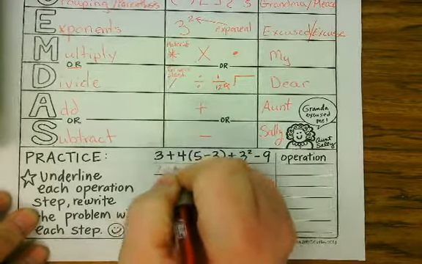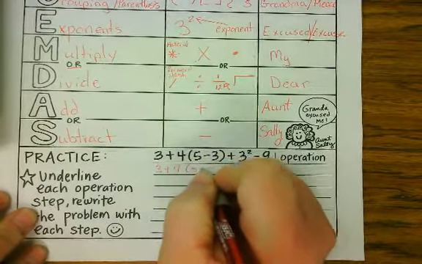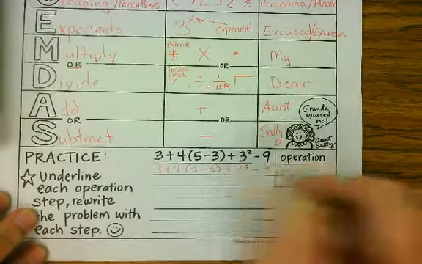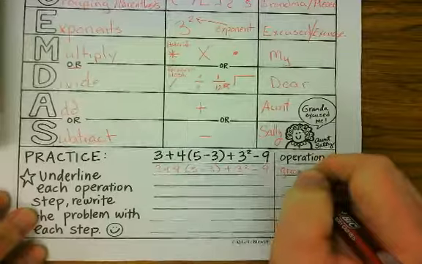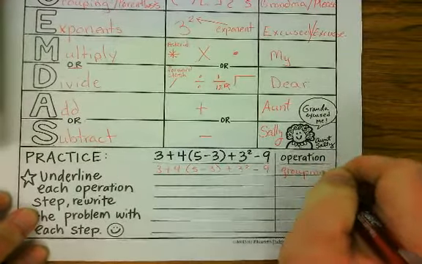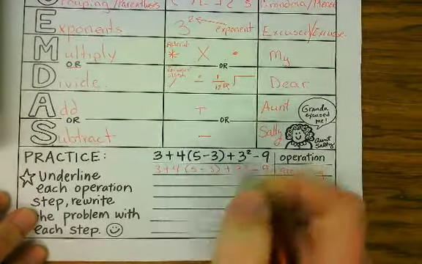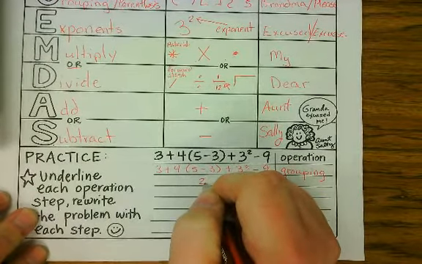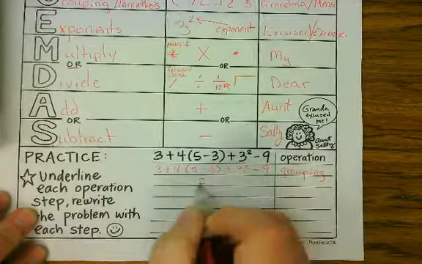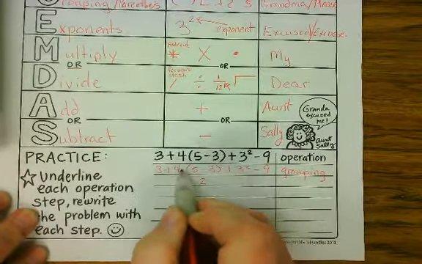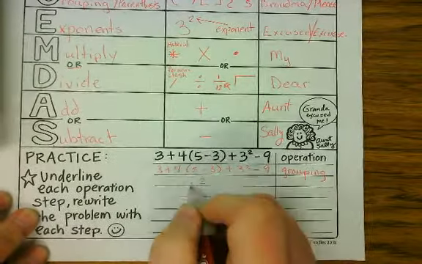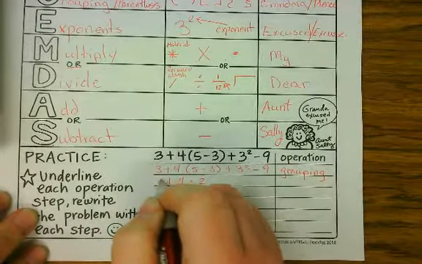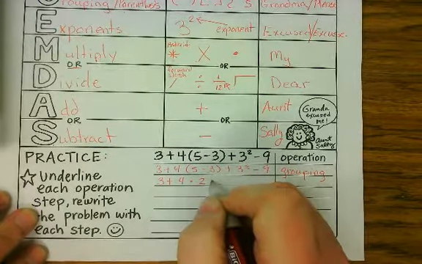So we say 4 plus, and then we have the 5, and this is our grouping here. So let's group first. 5 minus 3 becomes a 2. Pretty simple. Now, this, with just a number outside of it, means multiply. So now, we just have this 2 here.